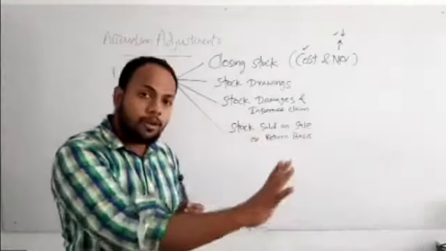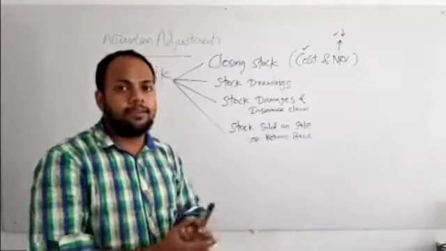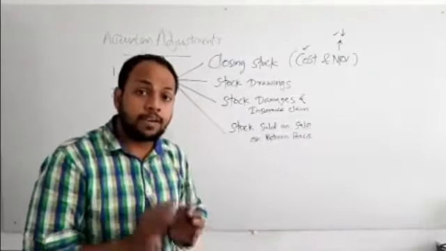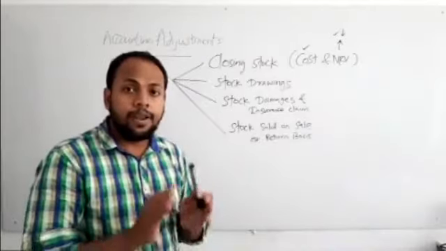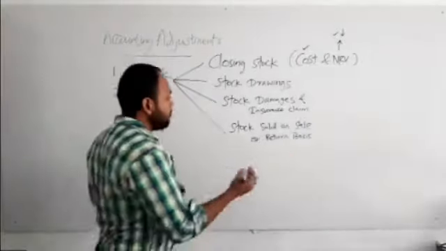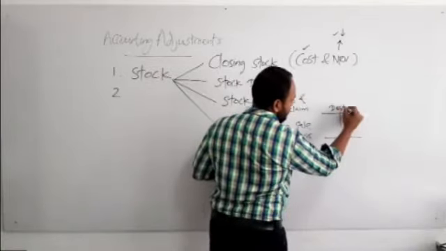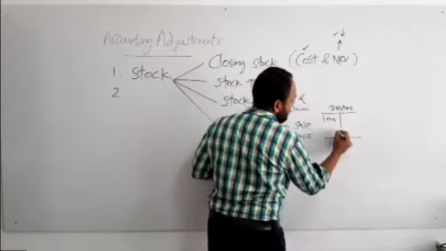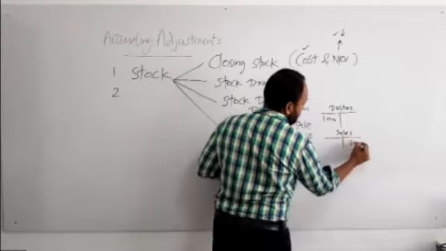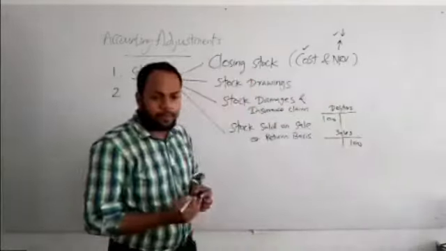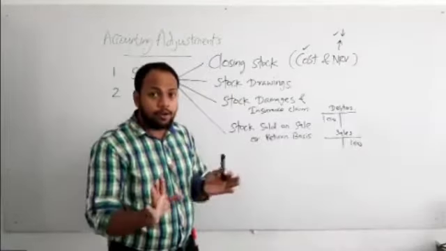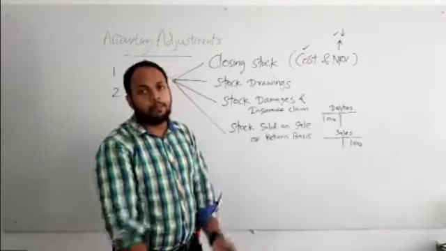If it is sold, we consider it is sales. What's the double entry for sales? Credit sales: debtors account debit, sales account credit. Let's say 100. If it is sold, there is no issue. You can keep this double entry.